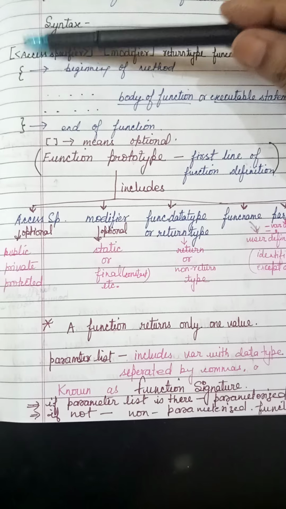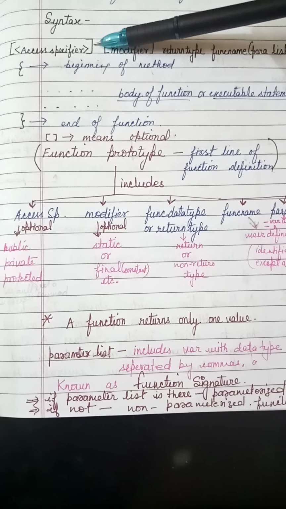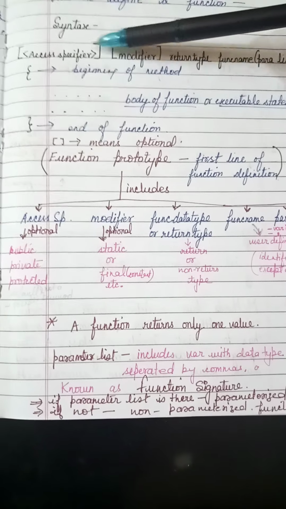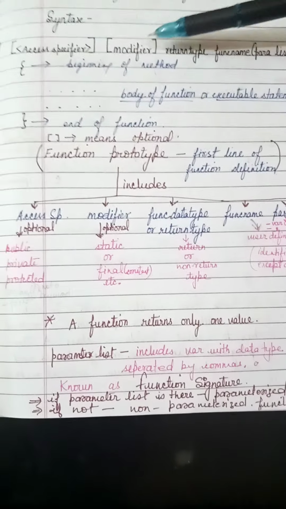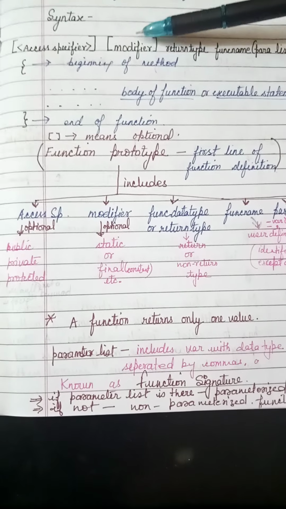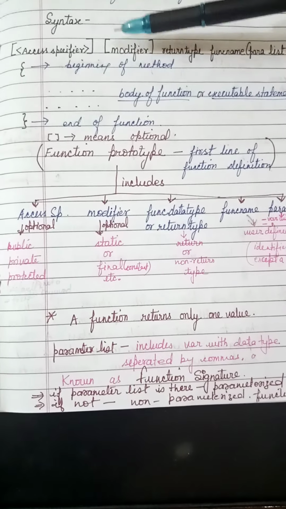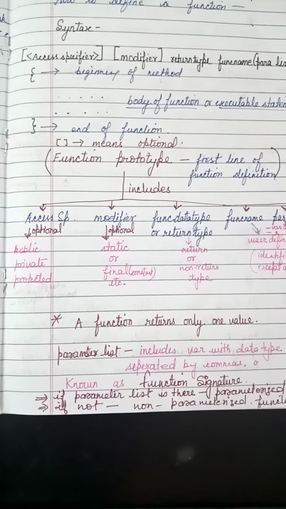These rectangular brackets are for optional. It means access specifier and modifier, both are optional in defining a method. You can skip these two things.